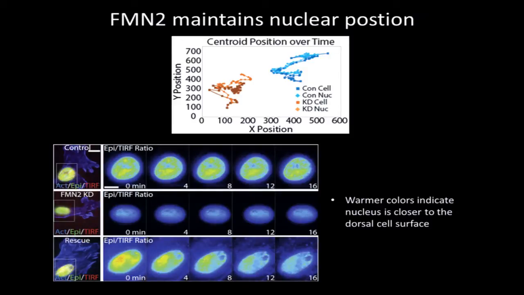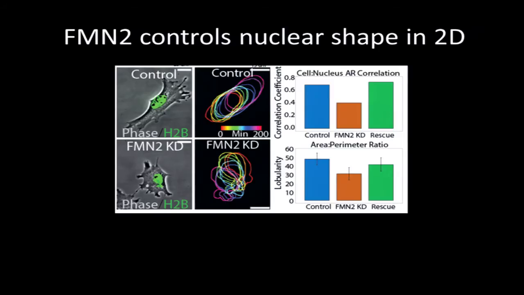This is just showing that it's not just in X and Y. So we do simultaneous epifluorescence, which has a thick depth of focus, and TIRF, which has a really thin one. And where those overlap, you see yellow. This is the knockdown cell. The nucleus is actually sort of floating up and down as well as drifting around in X and Y.